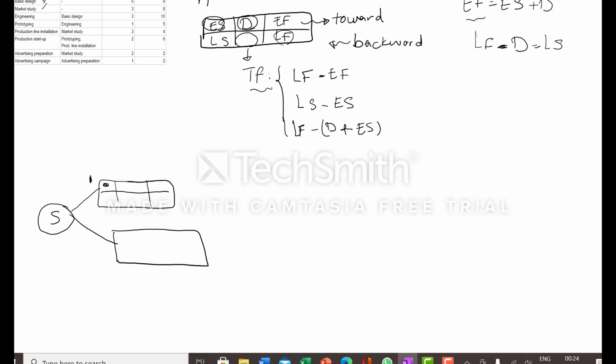The duration of basic design is 6 months, so the earliest finish is 0 plus 6 equals 6.